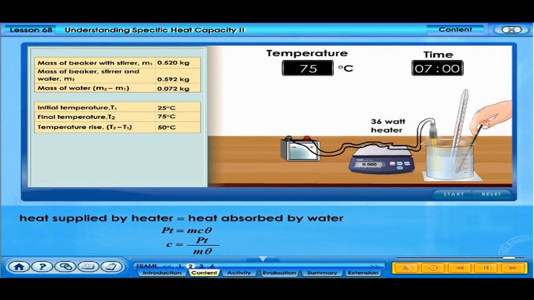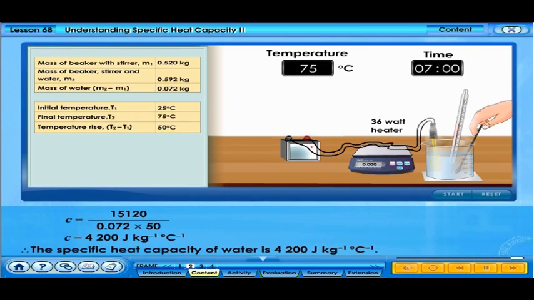Heat supplied by heater equals heat absorbed by water. The specific heat capacity of water is 4,200 joules per kilogram per degree.